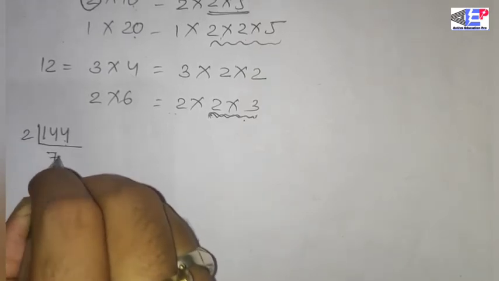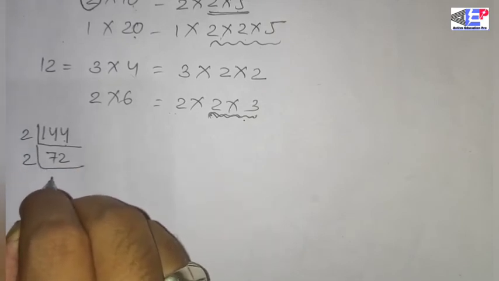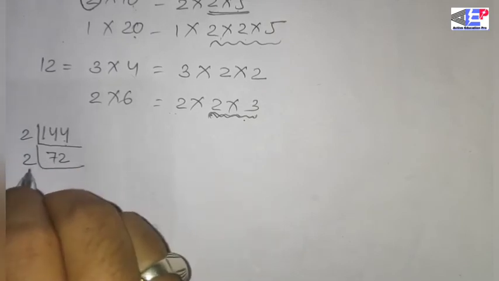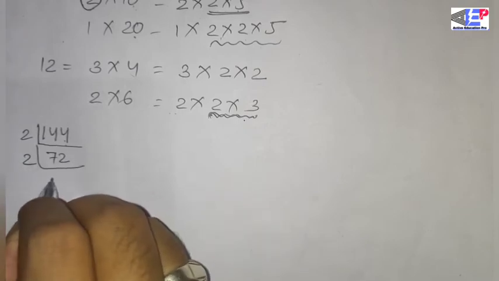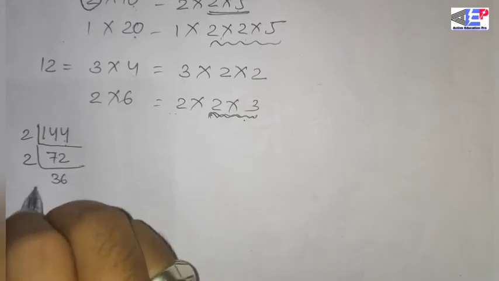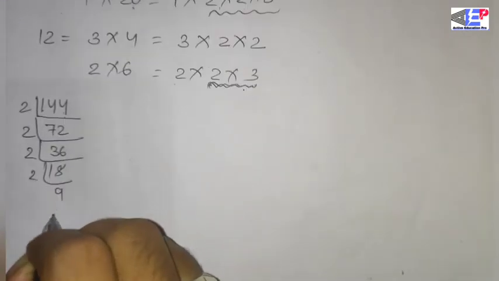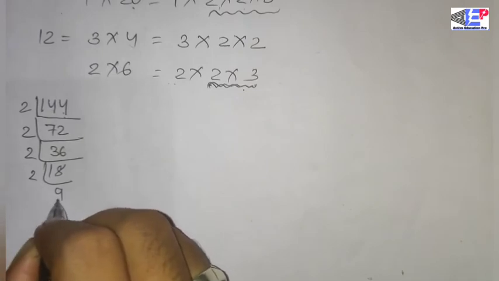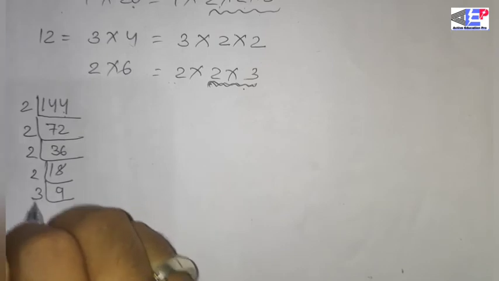Here is 72. Again 2 can divide it. 72 is divisible again by 2 because the unit digit is an even number. So here 36, again 2, this is 18, this is 9. Now 9 cannot be divisible by 2 because 9 is not an even number. So here 3, 3.